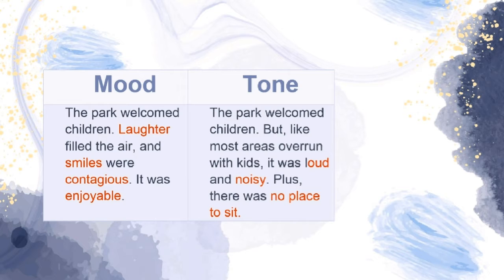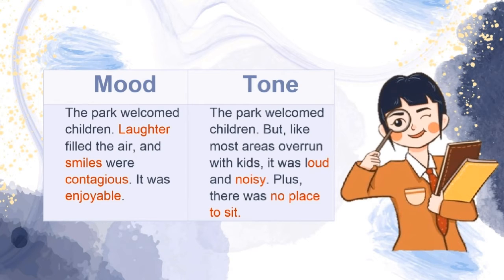Let's take a look at the mood example. The park welcomed children. Laughter filled the air, and smiles were contagious. It was enjoyable. Laughter, smiles, contagious, and enjoyable. The author is clearly having a good time. That would make the reader feel happy as well, to think about a memory when they went to the park and so on, even though that's not in the passage.